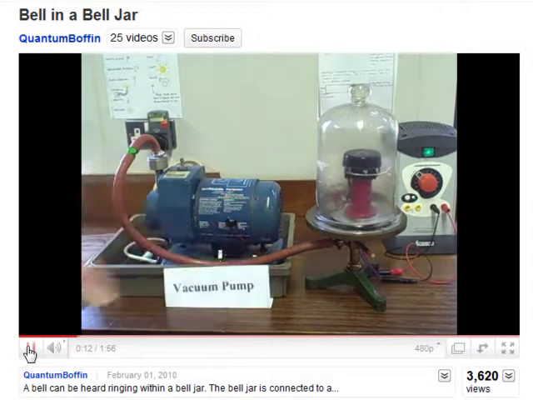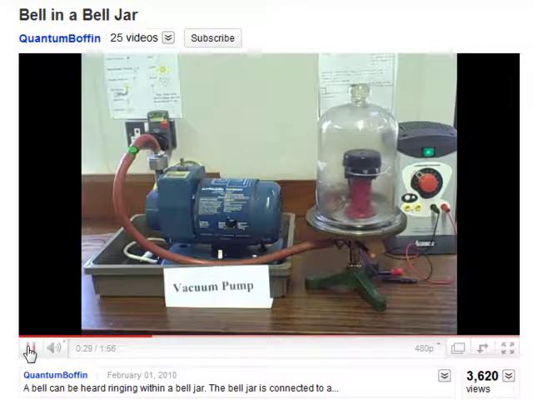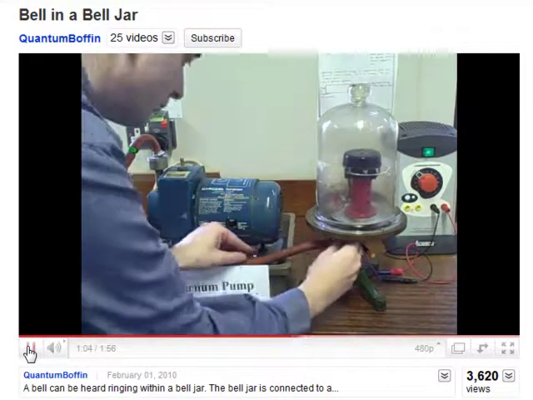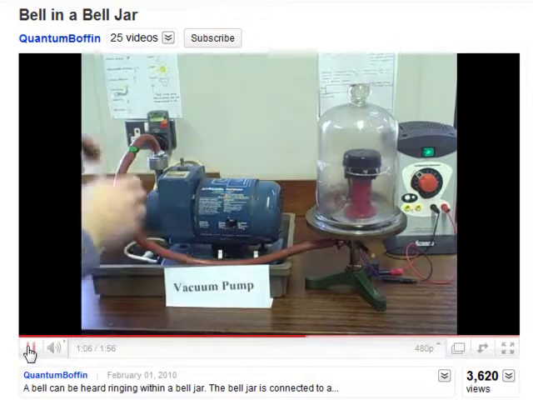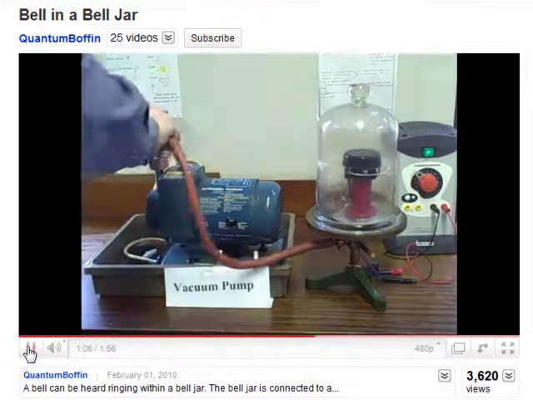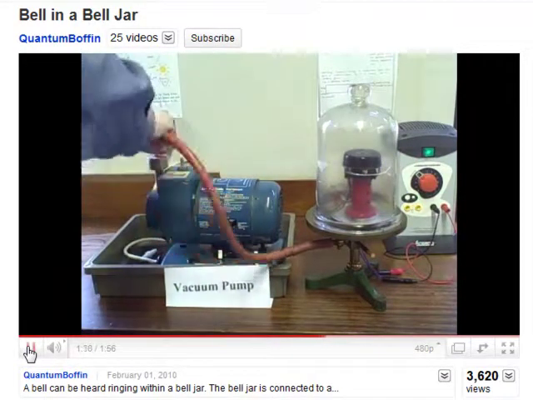The vacuum pump is switched on, and as the air is removed, you can hear the sound from the bell is reduced. As more and more of the medium is taken away, then there's less and less sound that you hear. Now this is not a perfect vacuum pump, so it's not going to get all the air out. So now air is going to be reintroduced into the chamber.